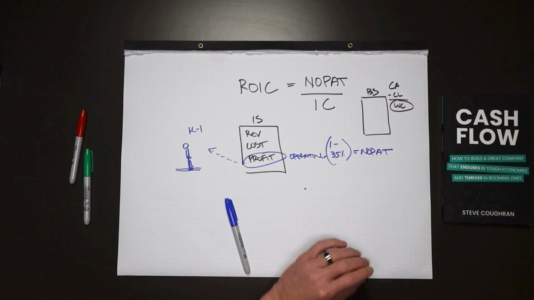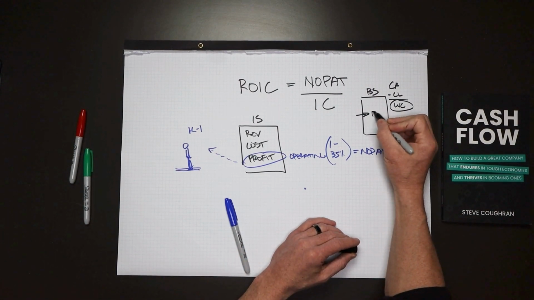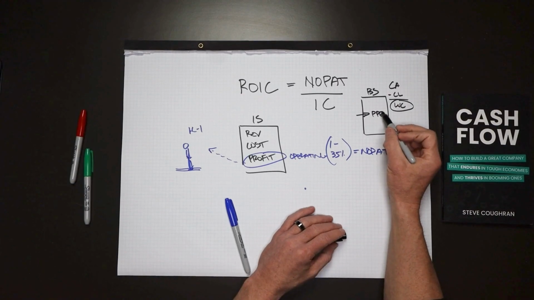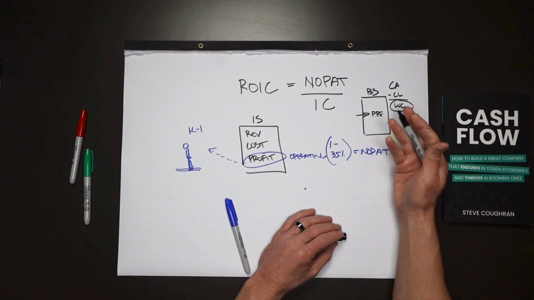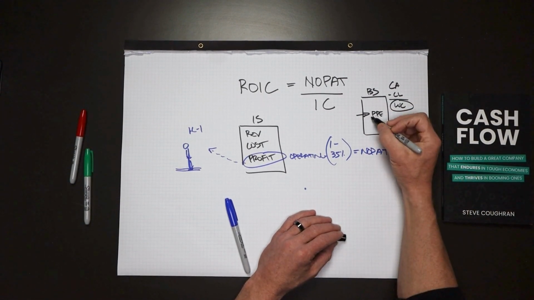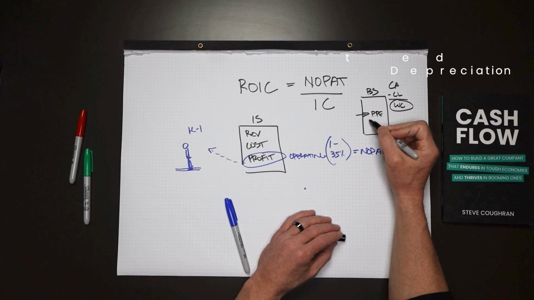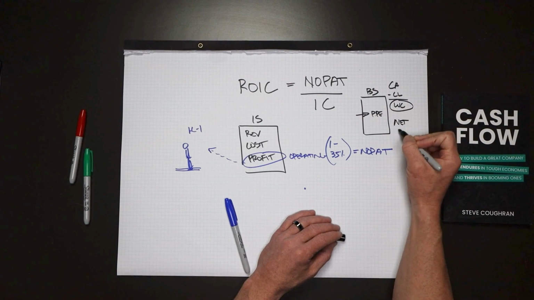That's part one. Part two is a little bit easier. On the balance sheet, you'll see PP&E, or fixed assets. This stands for property, plant, and equipment. Now, the gross number is the number without accumulated depreciation. But in this section, you should have accumulated depreciation. Just take your gross PP&E less your accumulated depreciation, and you're going to want to arrive at your net PP&E.